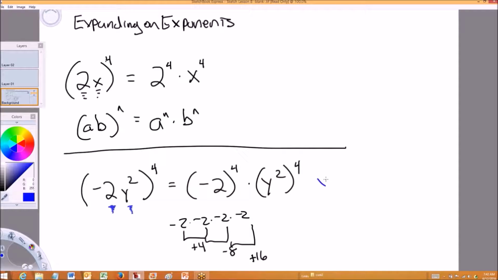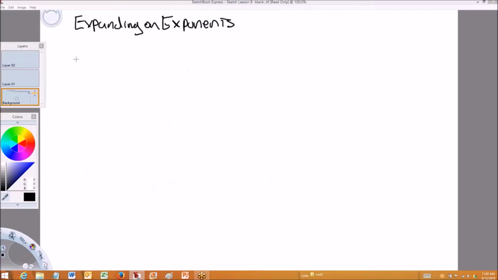So the way we solve this is we multiply the exponents. This is called raising a product to a power rule.